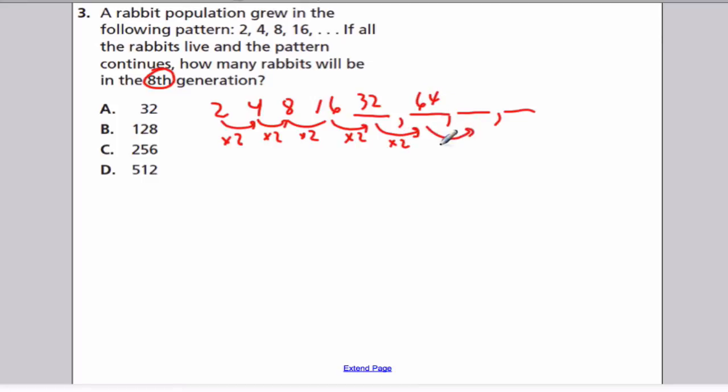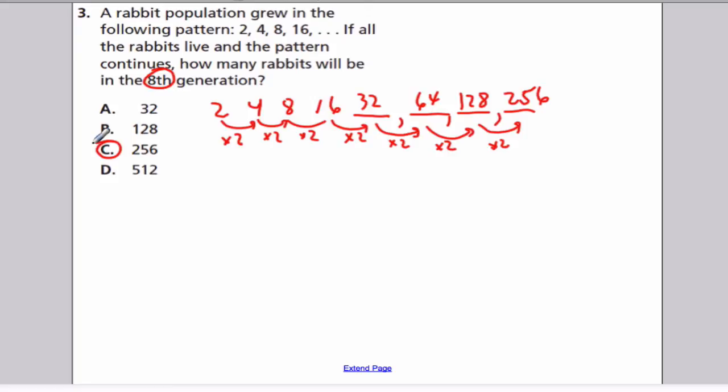Take that times 2, and that's 128. Take that times 2 one more time to fill in my 8th generation, and I get 256, which means my answer is C.